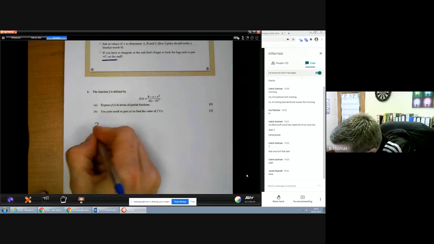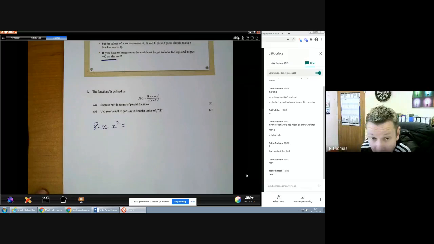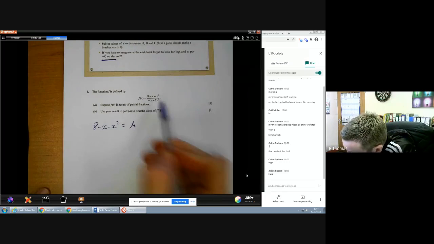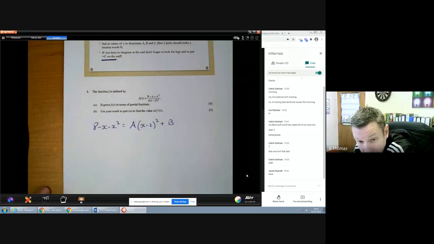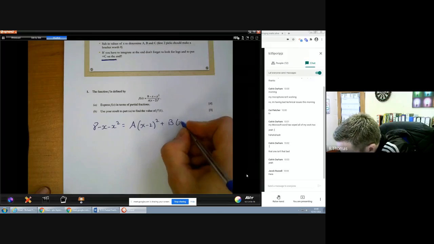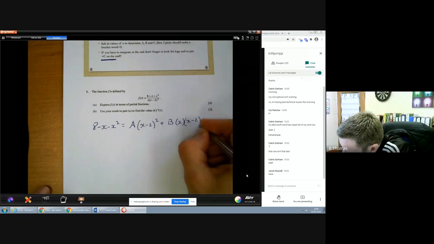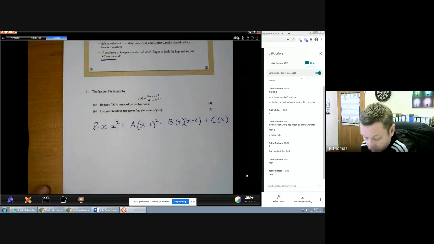So I'm going to keep that numerator, 8 minus x squared, and I'm going to equate that to A with the squared term next to it, plus B with one of each next to it, and then plus C with the linear term next to it.